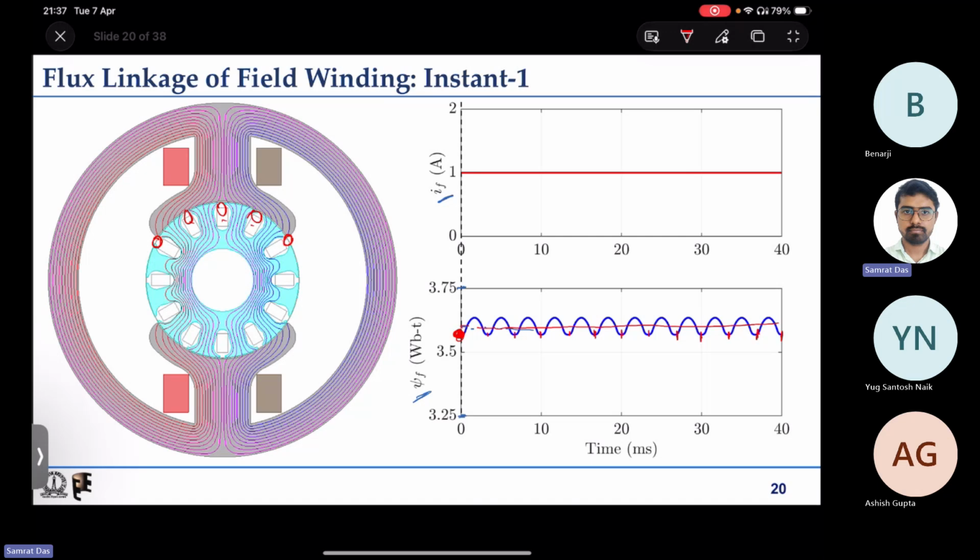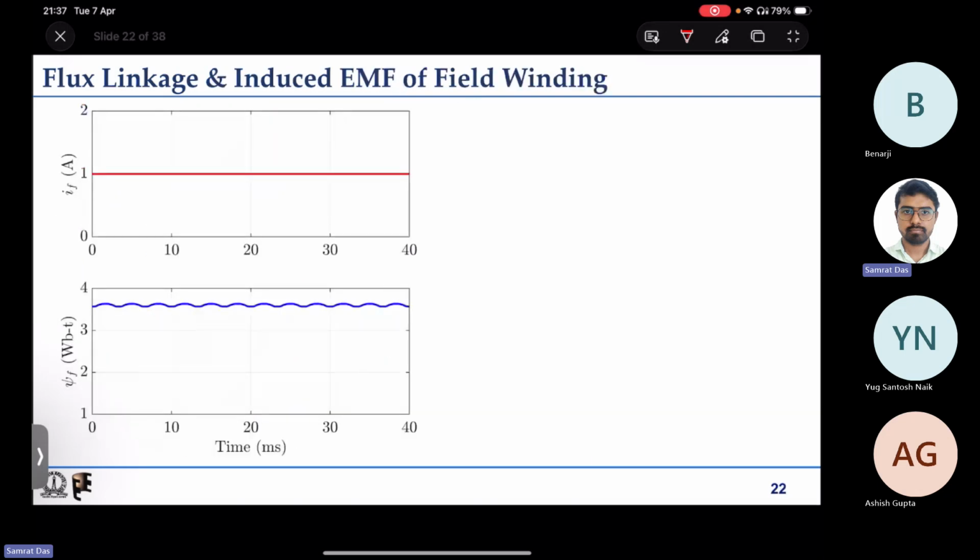But you can see that because of this variation, obviously there is going to be some induced EMF, because the inductance of this field winding will be varying a little bit with rotor position. So this is the current I constant, and this is the flux linkage of the field winding.